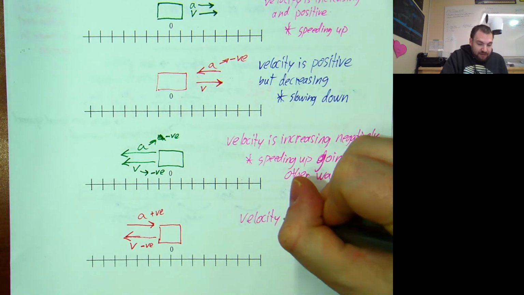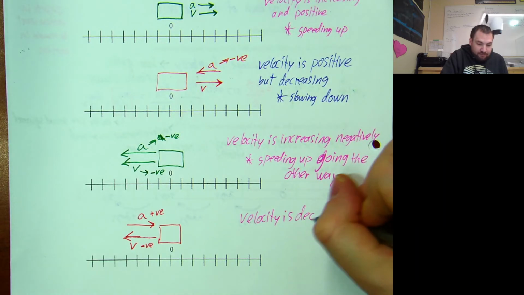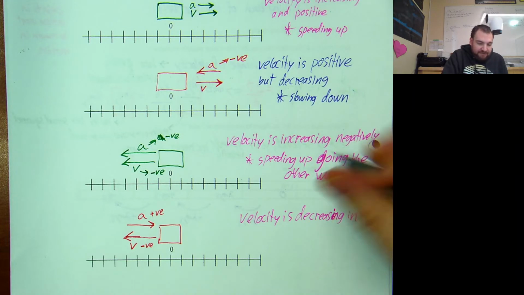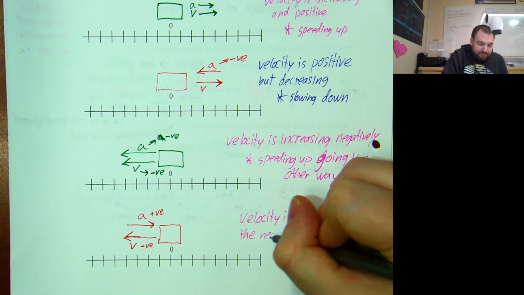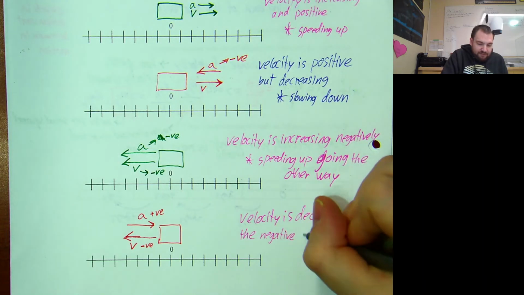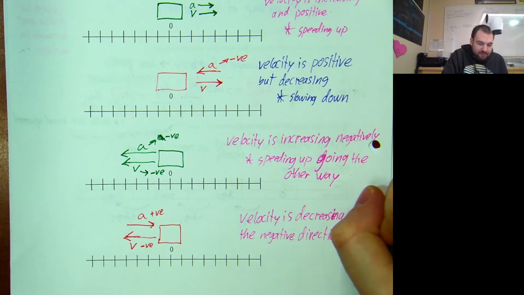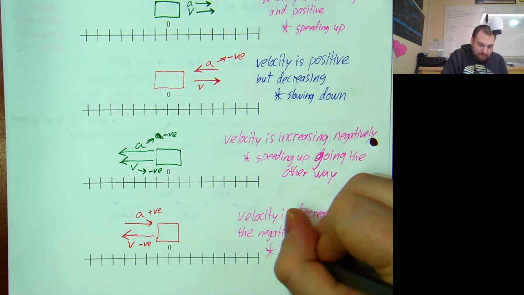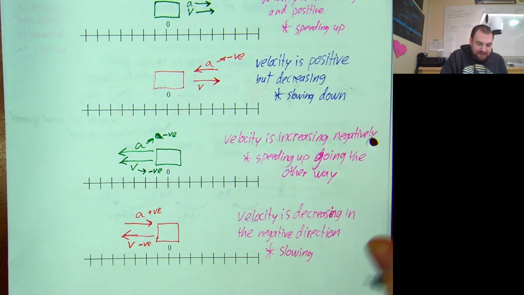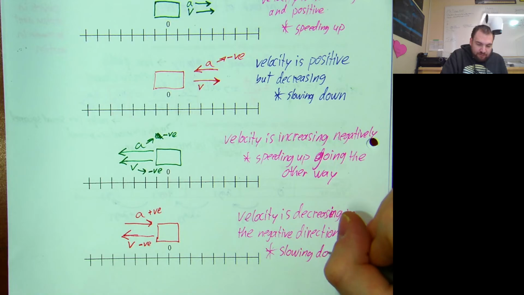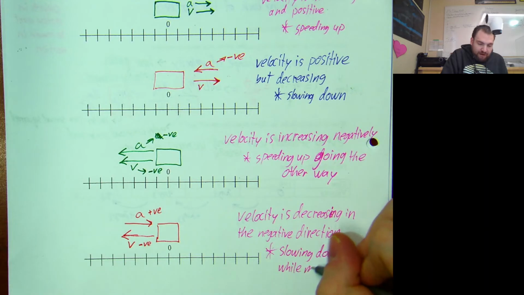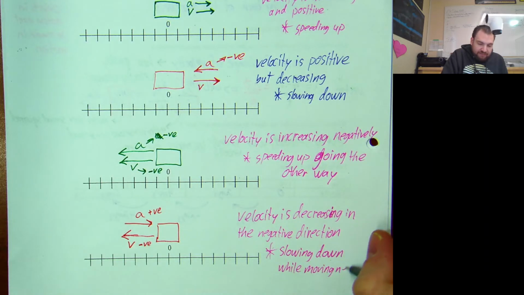Velocity is decreasing. Decreasing in the negative direction is how I'll say it. So what's happening here, the guys at the front said it already, it's slowing down while moving negatively.